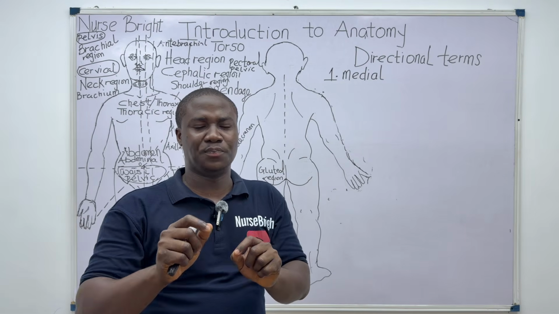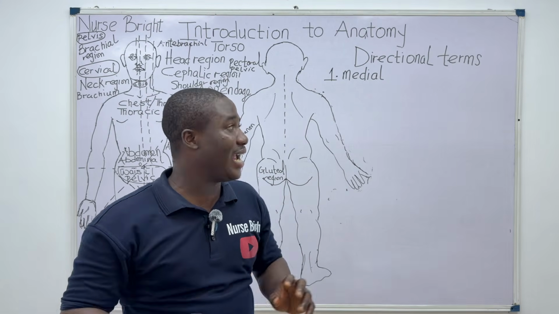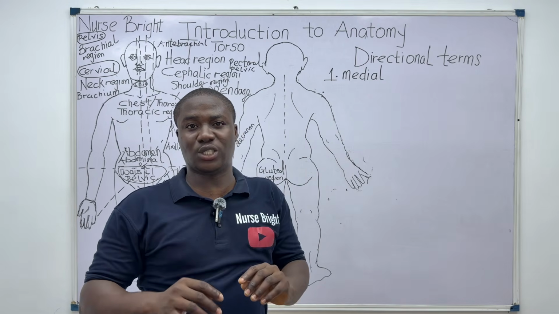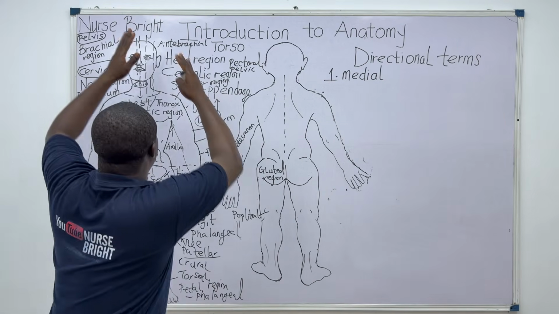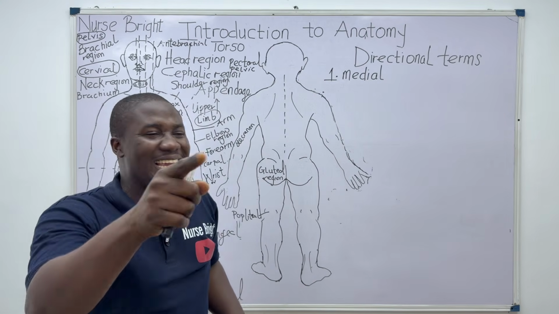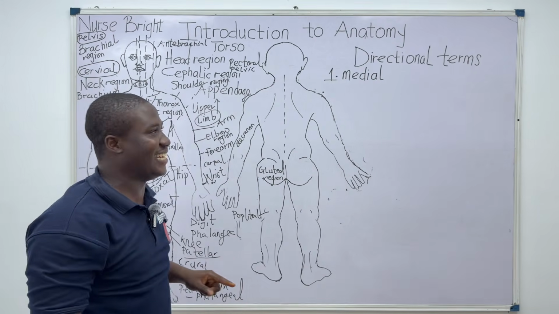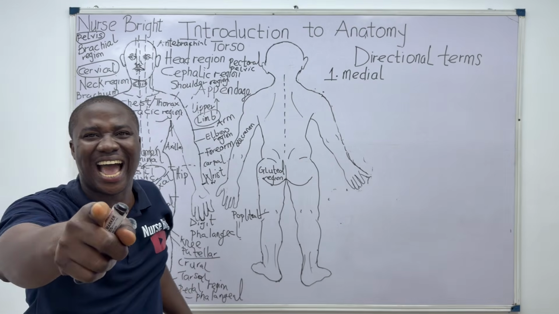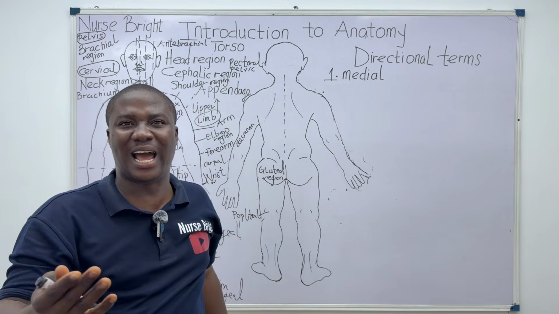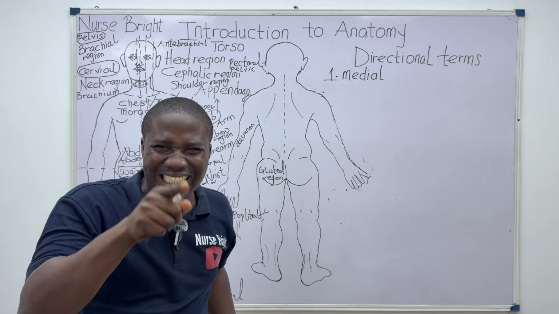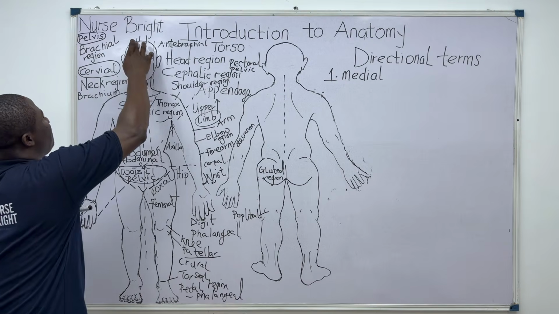Medial is the first directional term. A structure in the body of an individual is said to be medial if it is close to the midline. This is the midline called the median plane, also called the mid-sagittal plane.